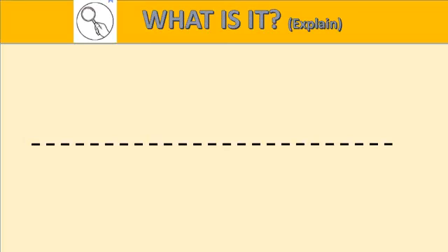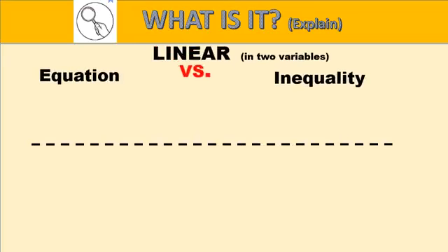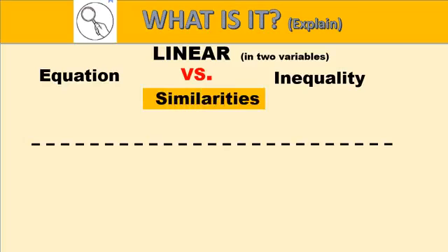Now let us familiarize how linear equation differs from linear inequality, both in two variables. Let us discuss first their similarities. We have here a given example for linear equation in two variables, which is 2x plus y equals 0, while for the linear inequality, we have 2x minus 3y greater than or equal to 11.